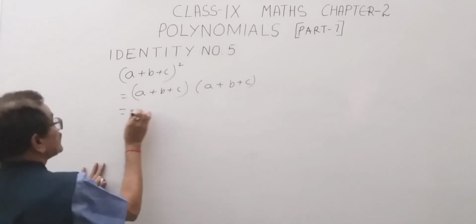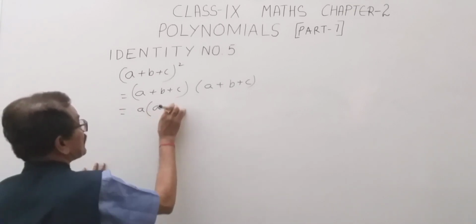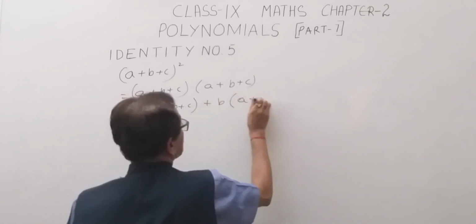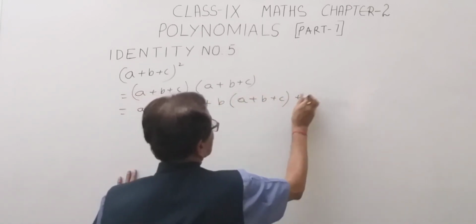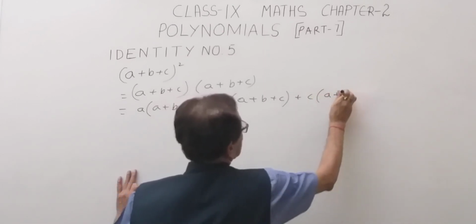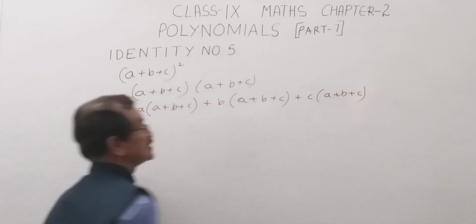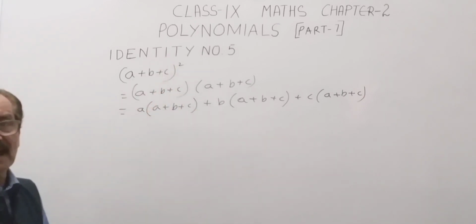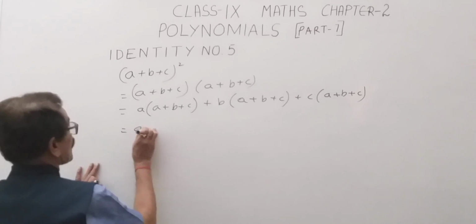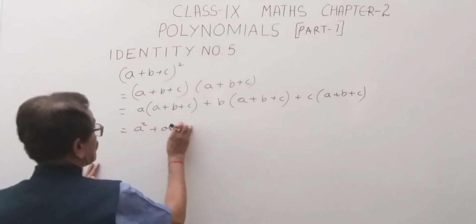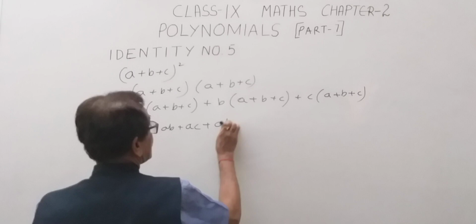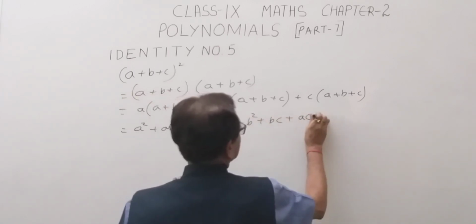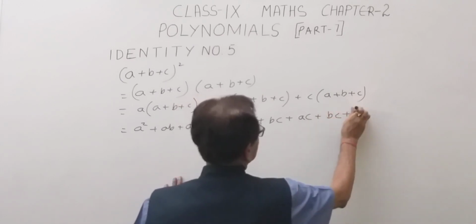To get the product, a into a plus b plus c, plus b into a plus b plus c, plus c into a plus b plus c. Of course, it is quite a lengthy one, but this is what we are going to learn, that is identities. We get a square plus ab plus ac plus ab plus b square plus bc plus ac plus bc plus c square.